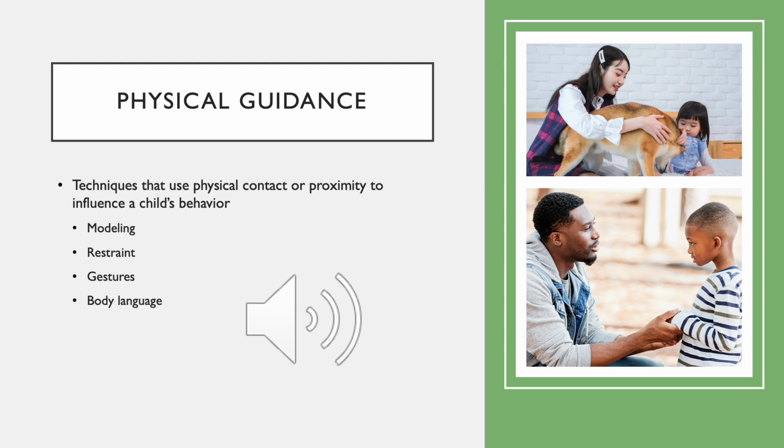So in this first image, we see that there is an adult and a young child, and there's an animal here. We have a dog, and what I'm noticing and what I'm gauging from this photo, and the reason I use this, is the adult is showing through modeling how to support the dog in that space. So how do we pet the dog? What kind of hand gestures do we use?